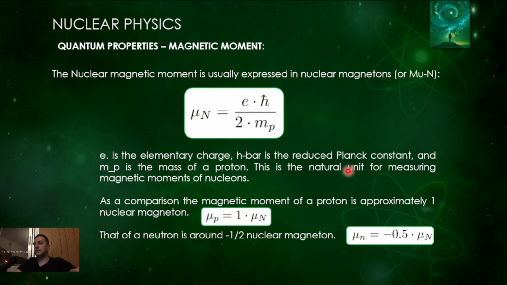Let's see if we have the relationship. You have the Planck constant, you have the elementary charge divided by 2 mp. Actually, that relationship cannot give us the magneton.